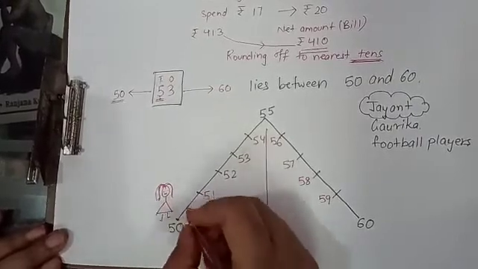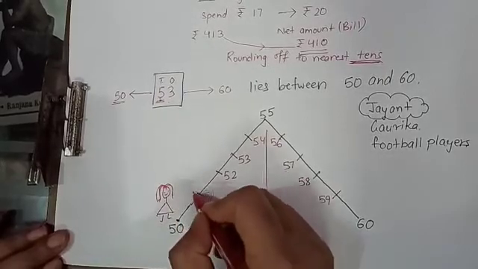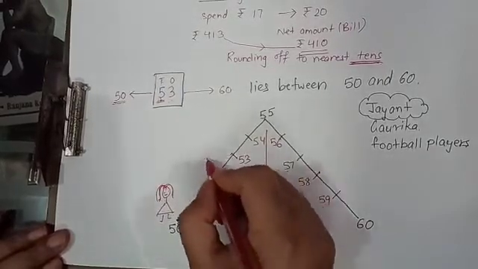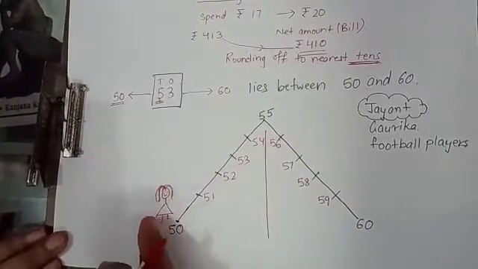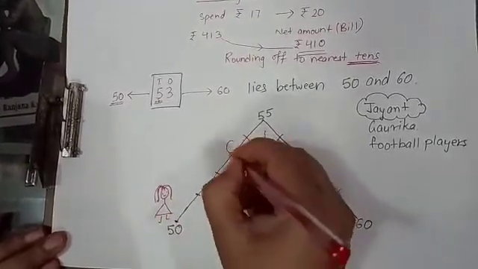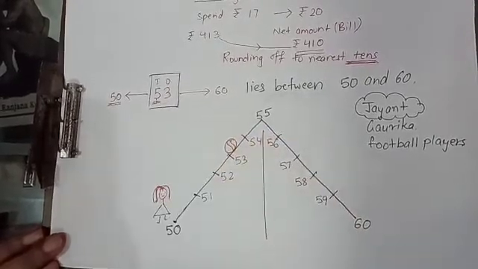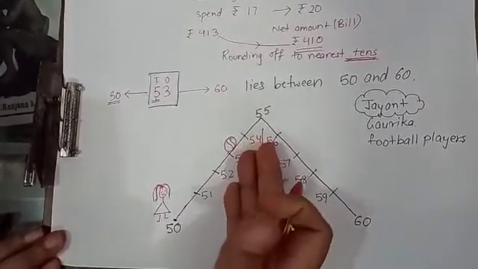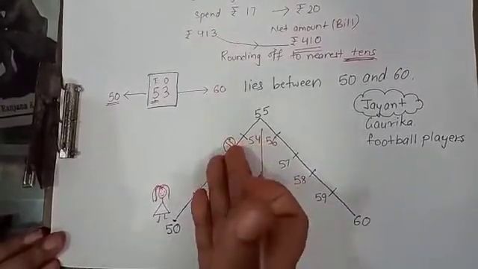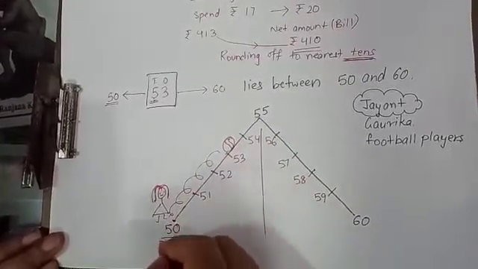She kicked the ball with full energy and the ball tumbled and tumbled. But poor girl, she had not practiced much. The ball could reach 53 only. What will happen to this ball? It is on the slope. So the ball tumbled down back to 50.